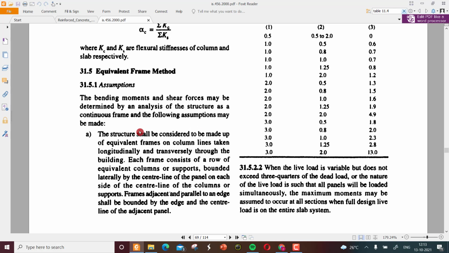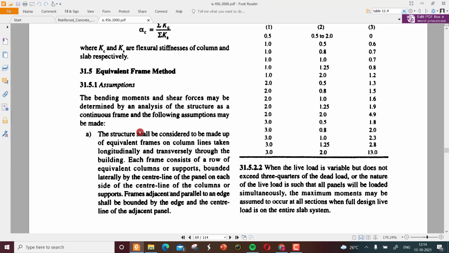So as I told in the previous class, in the case of equivalent frame method, we are analyzing the frame directly and we are getting the required result.